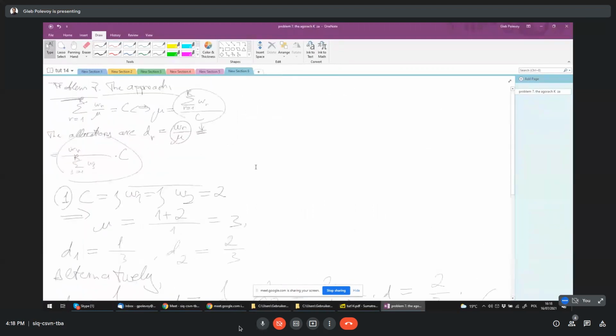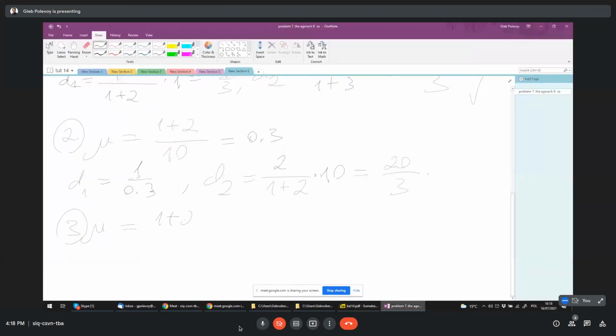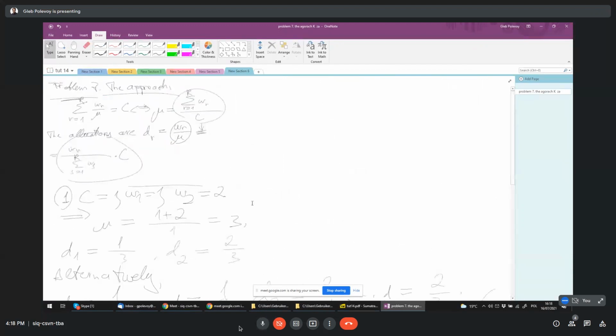The sum of the W's divided by C. 1 plus 2 plus 2, so it's 5 divided by 1. Exactly, 5. D1 is equal to the W of the first one divided by the price. D2 is equal to the W of the second one divided by the price. And D3 is equal to the W of the third one divided by the price. Using that formula.